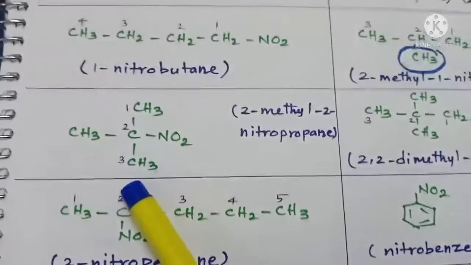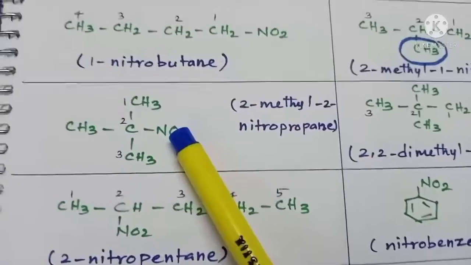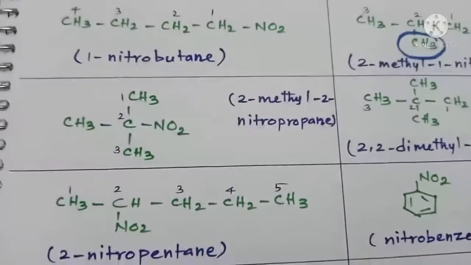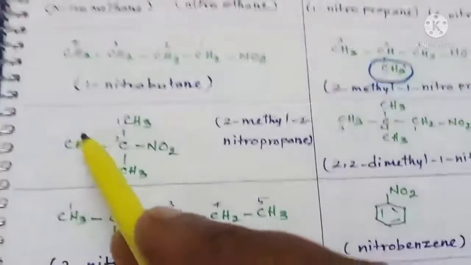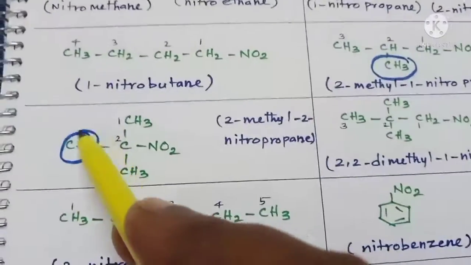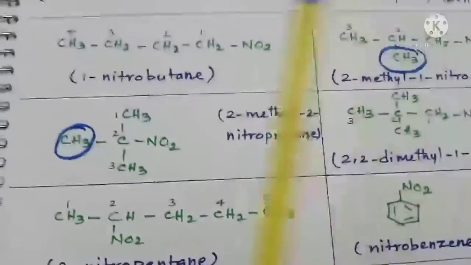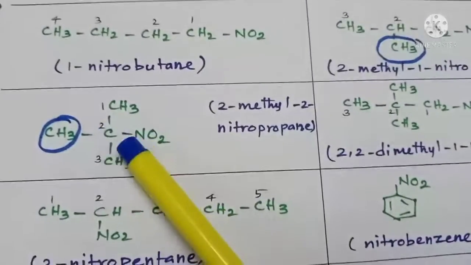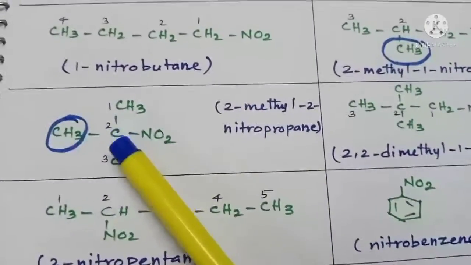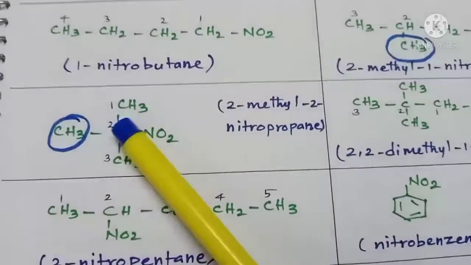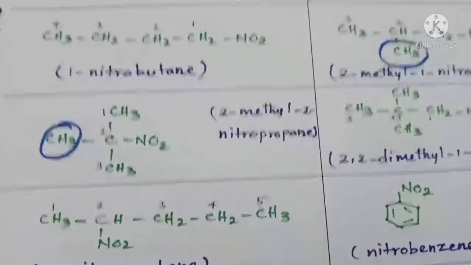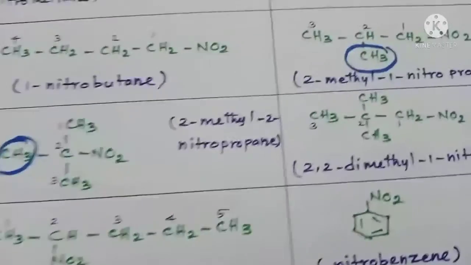So it's a propane derivative, nitropropane, and the left side CH3 group is considered as a substituent, so methyl nitropropane. Methyl group and nitro group are both at the second carbon. So 2-methyl-2-nitropropane. That is the IUPAC name of this tertiary butyl compound.